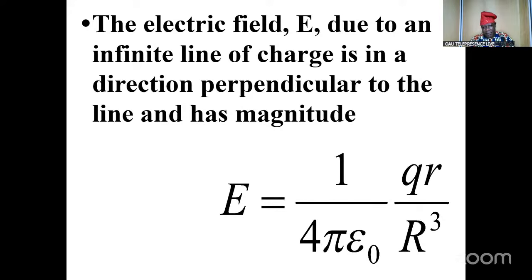Thus, this next slide gives you the expression for another equation. Because here we are talking about electric field E due to an infinite line of charge. Can you see it's different from uniform sphere?